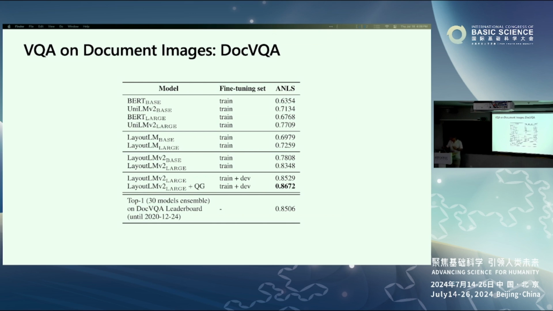And after we do some data augmentation, we actually got state-of-the-art performance compared with the leaderboard. The top one on the leaderboard is actually from 13 models in ensemble prediction. So with our model, we only need one model to get this result.